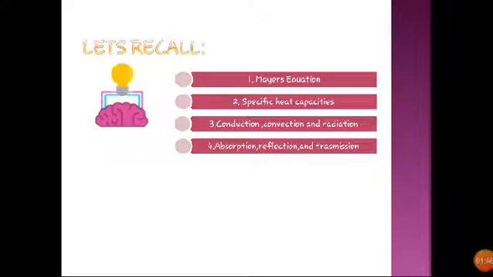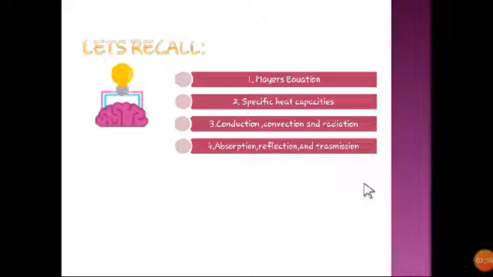So we have seen the relation between the three of them, that is A plus R plus T is equal to 1, where A is coefficient of absorption, which is QA upon Q, R is coefficient of reflection and T is coefficient of transmission, which is QT upon Q. We have seen all three of them. We have seen diathermanous substances and athermanous substances too. And we have seen many of the concepts which are related to coefficient of absorption, reflection and transmission.